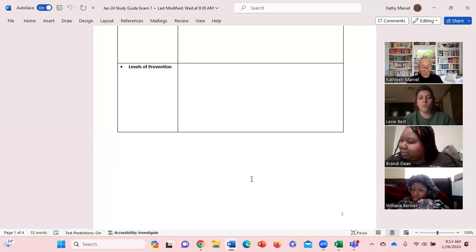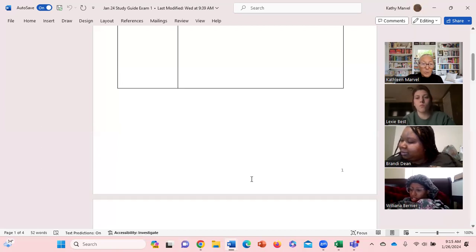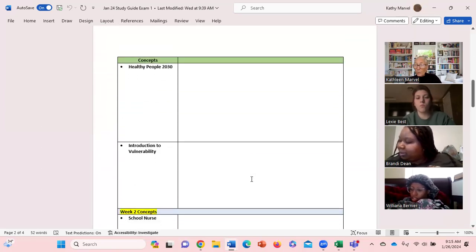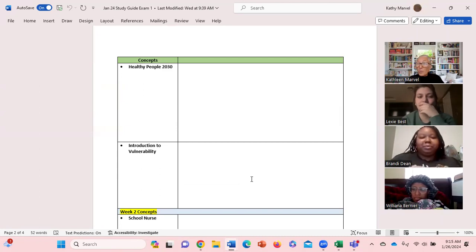And remember, in your Healthy People 2030, they talked about the social determinants of health. There's 5 of them, right? What's a social determinant of health? Things that impact risk, right? Do you remember what the 5 were? Economy, financial, education. Hang on, I need to go back one second. I want to give you those 5.